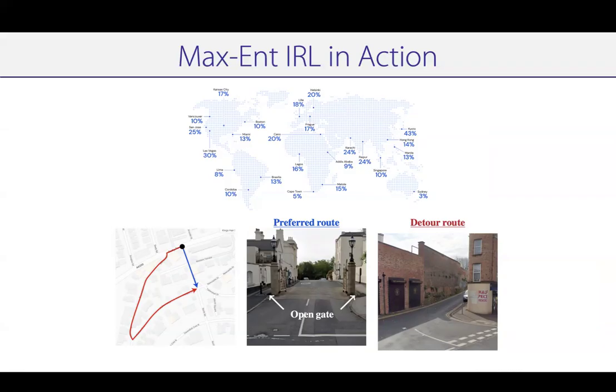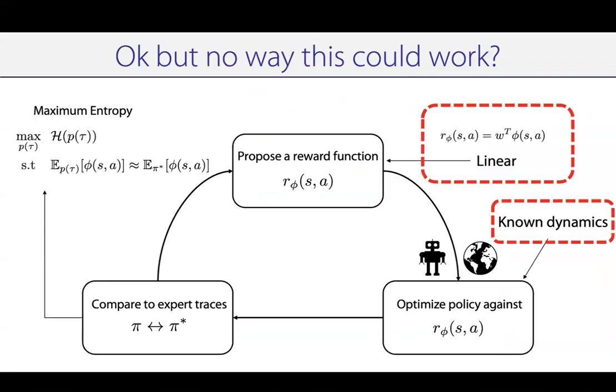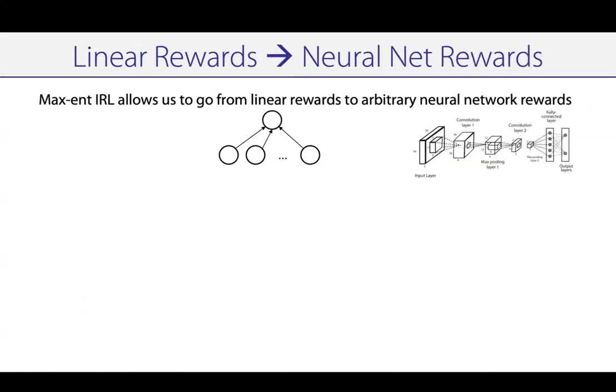So what kind of changes did they make between MaxEnt IRL and this? The first change is to relax two assumptions: the assumption of linearity, and the assumption of known dynamics. The logic is really simple.